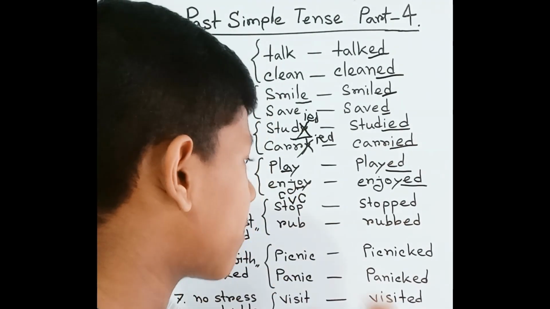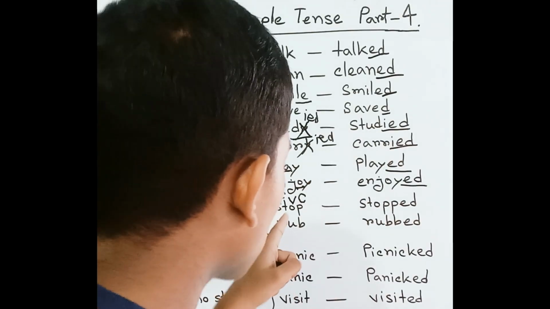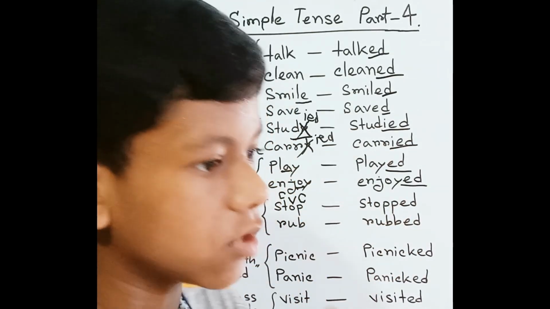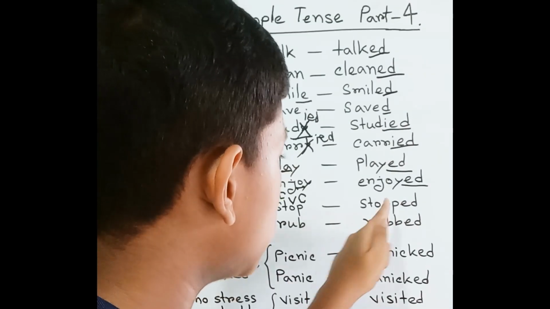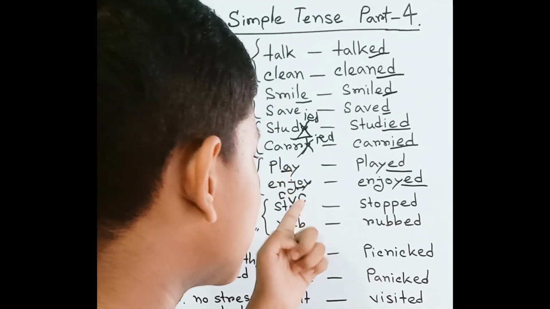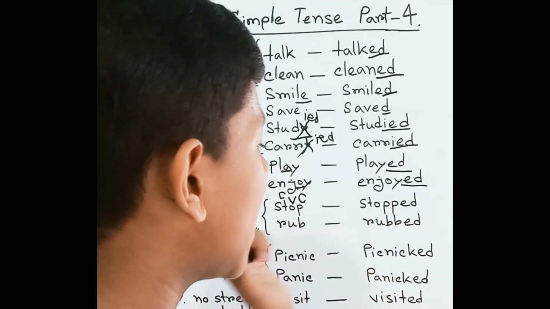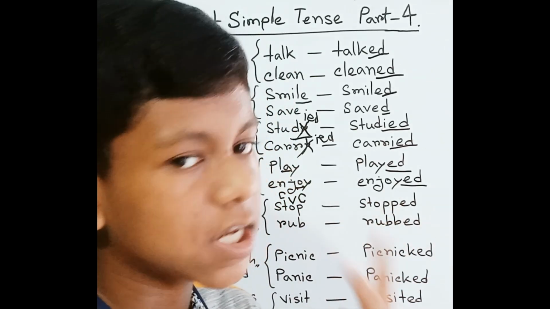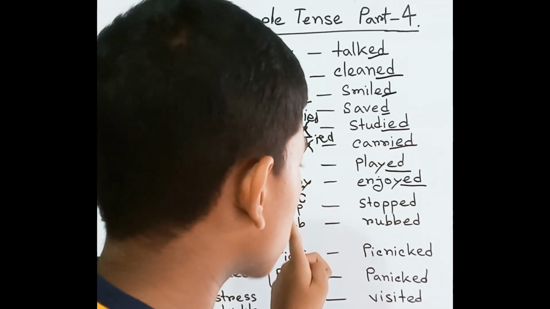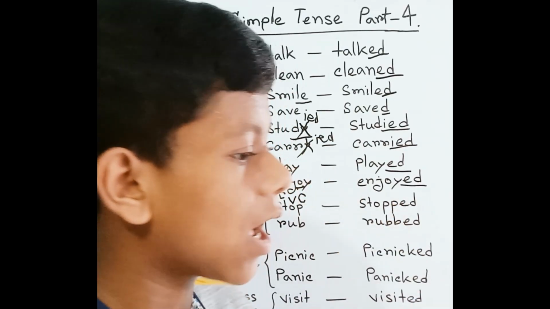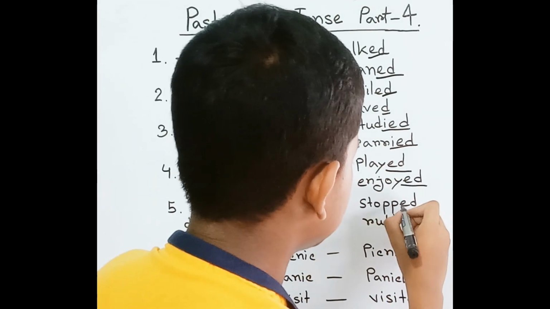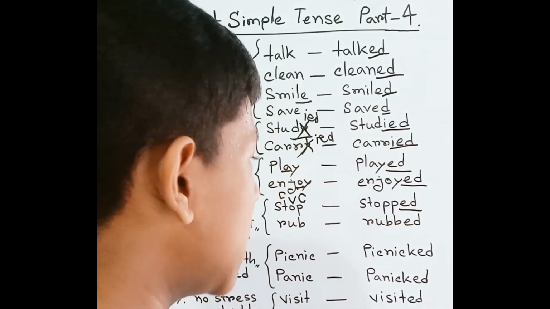That's why it happens. So same here, stop becomes stopped, so we need to double this. The last letter is P, and we have already doubled it, and it becomes double P. So after we double, then we have to add what? ED. So here we have already added it.